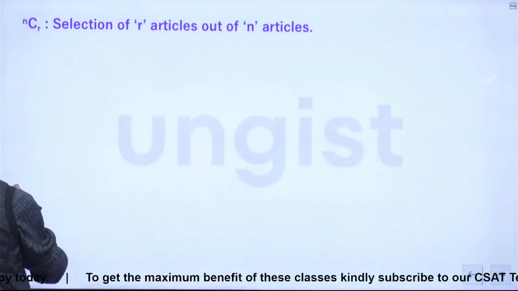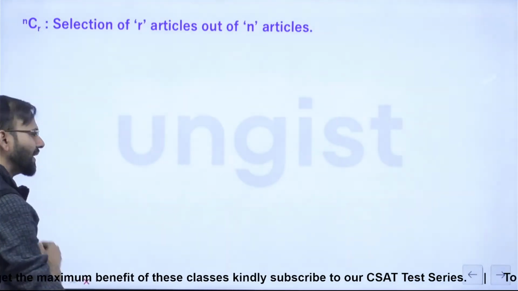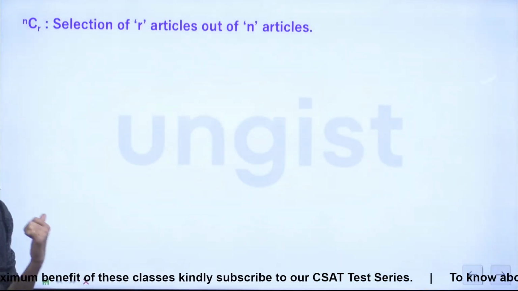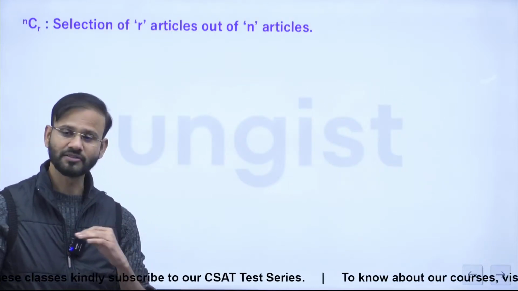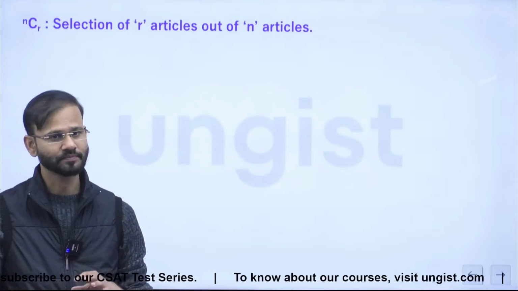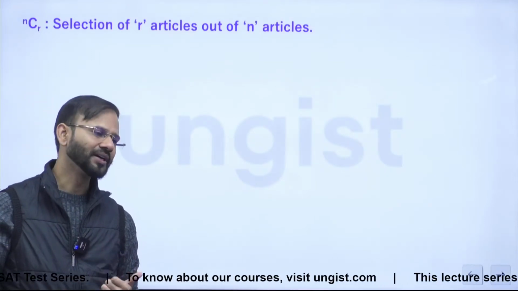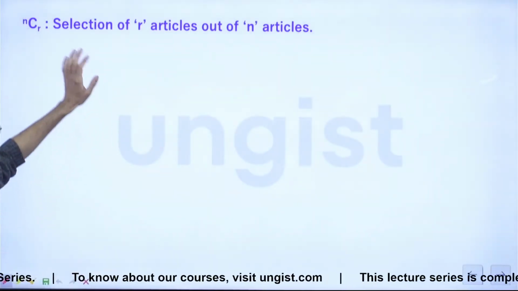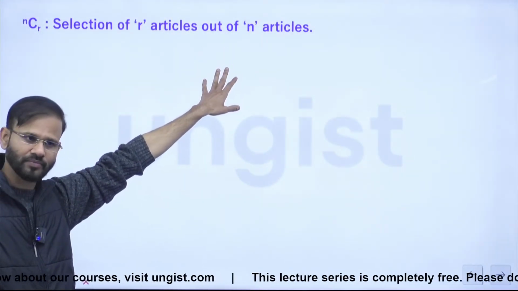guys, NCR. Okay, everyone? NCR. You might have heard this term NCR or NPR in case of permutation and combination. Right? NCR. Okay? So, what is NCR? NCR is number of ways of selection of R articles out of N articles. Right?